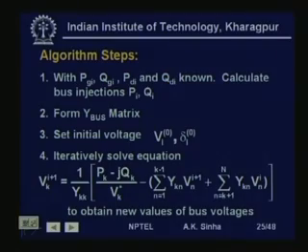So, the initial starting voltage is normally taken as 1 per unit in magnitude and delta as 0. So, 1 angle 0 is the starting value for voltages at all the buses except for PV buses, where the specified value is given. Of course, for slack bus V is specified and delta is anyway 0, because that is the reference.